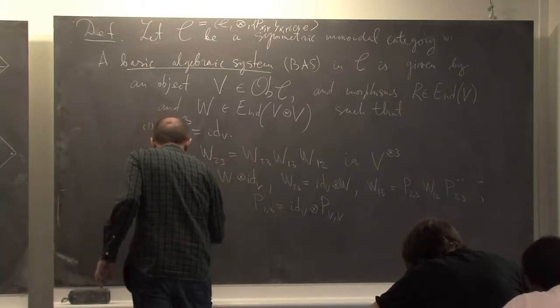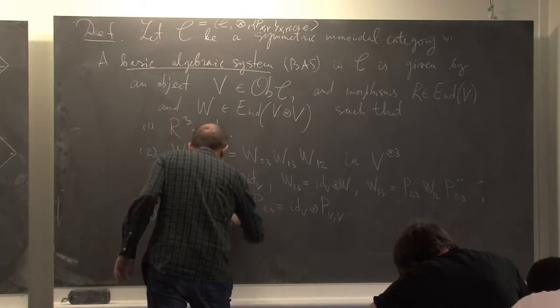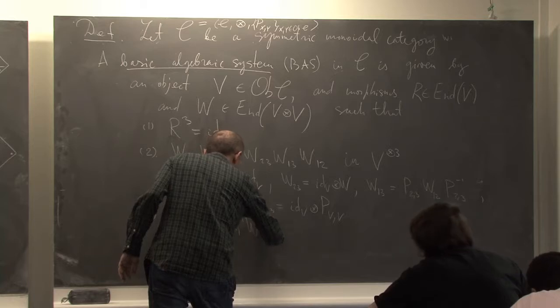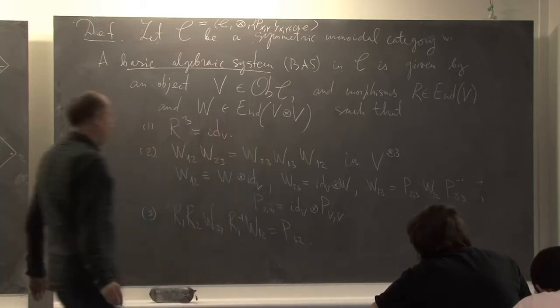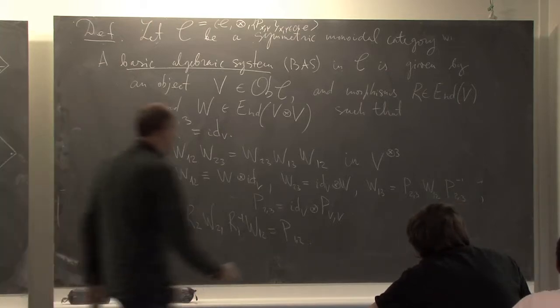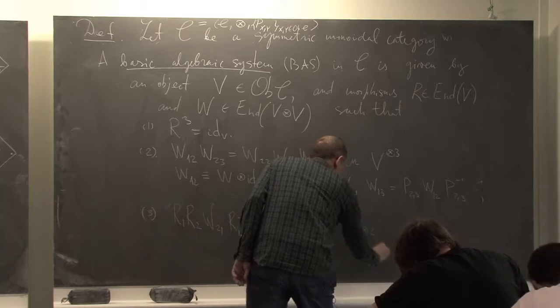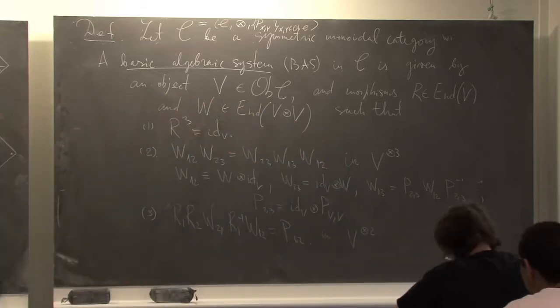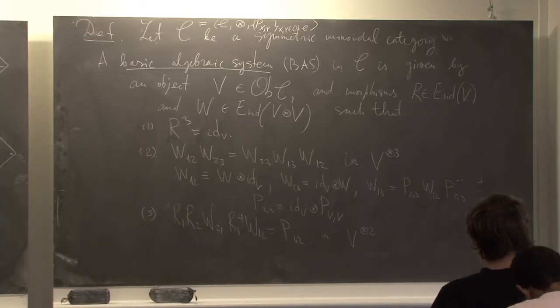So R1, R2, W21, R1 inverse, W12 equals P12. And this is in V tensor 2. So that's a basic algebraic system.